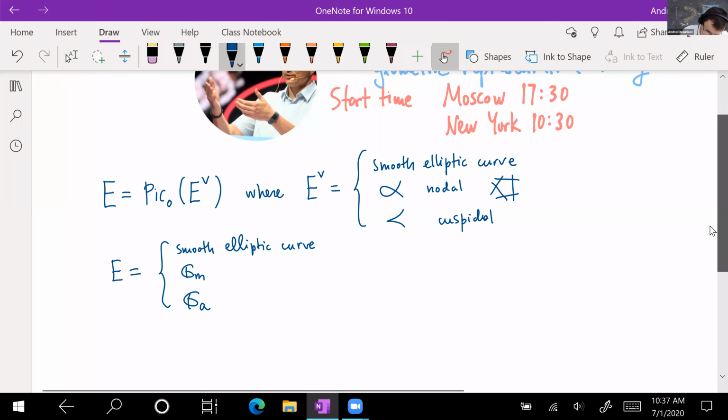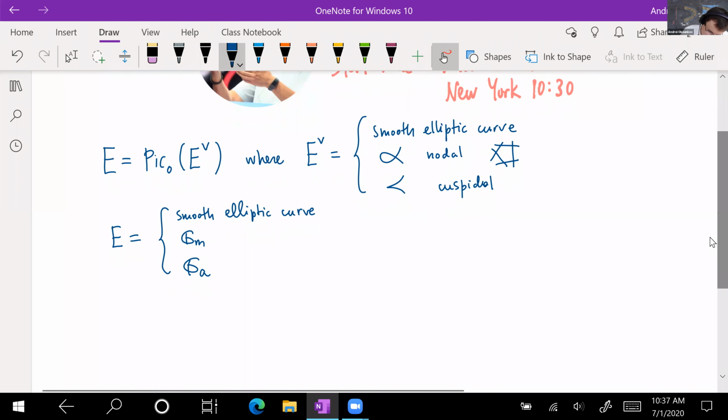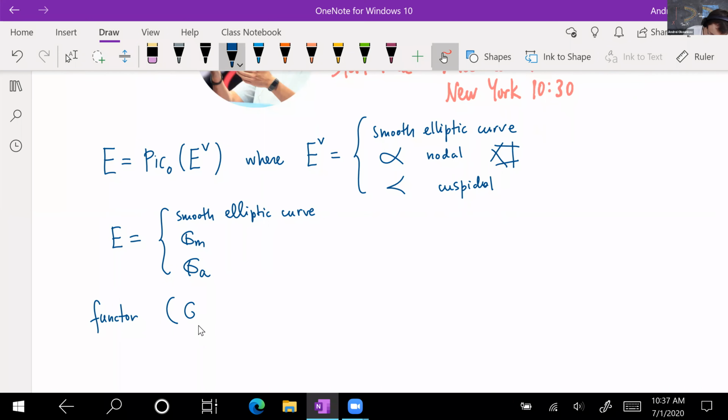And so we would like to have a functor from pairs of G and X. So in topology, you take a compact topological group. Most of the time, we'll be interested in connected.